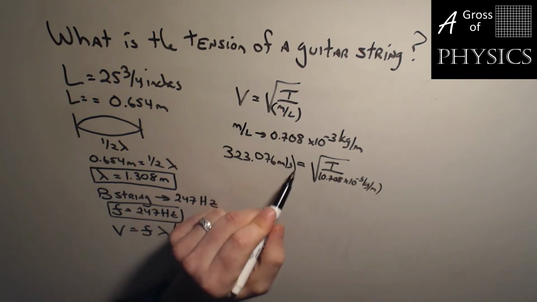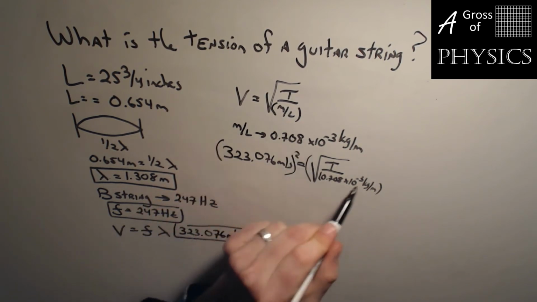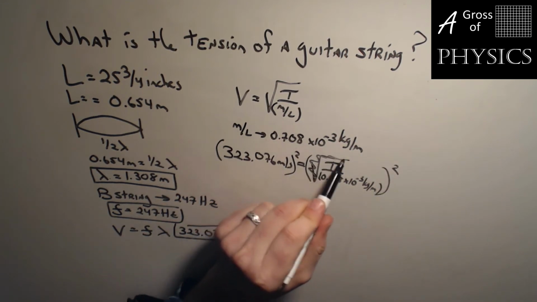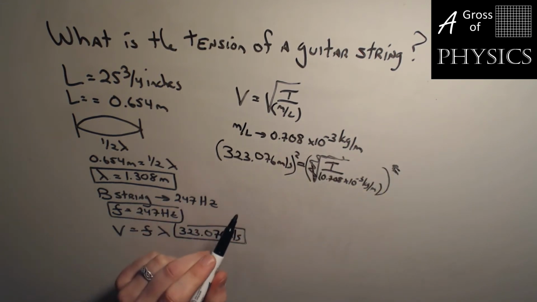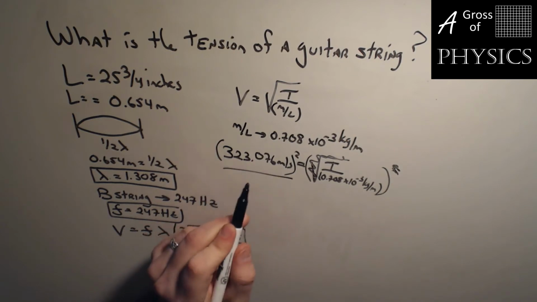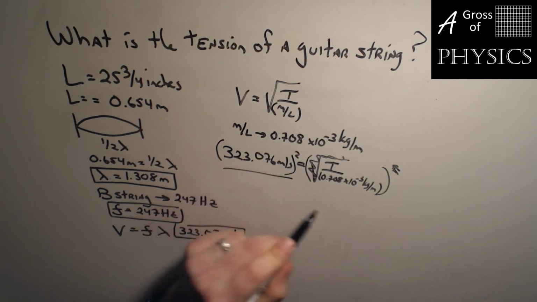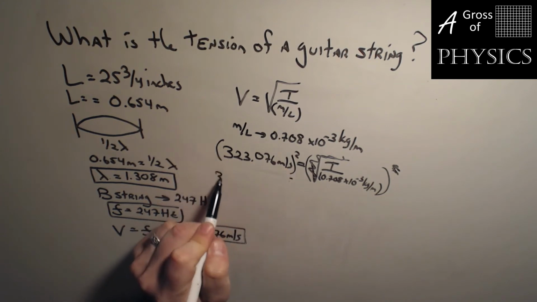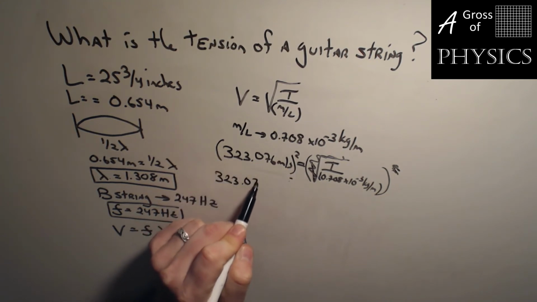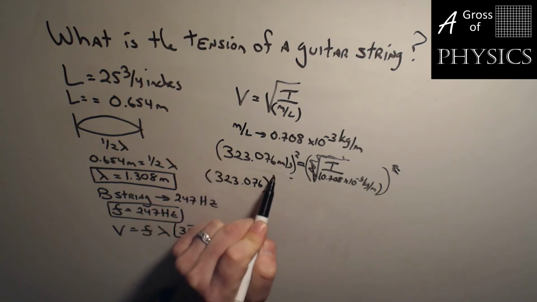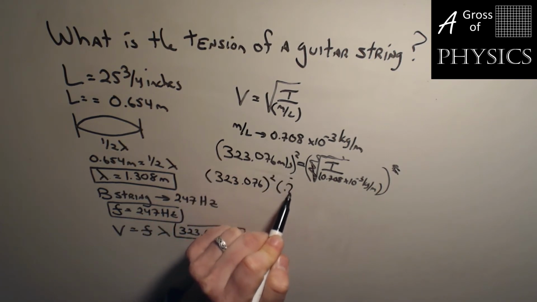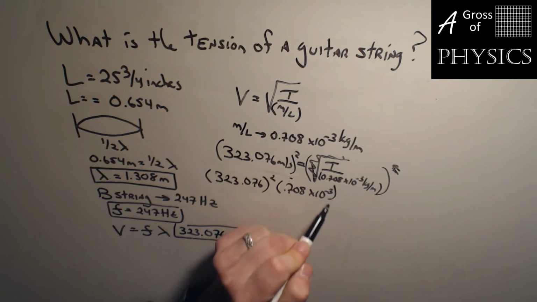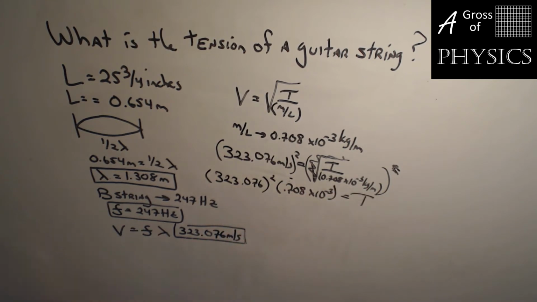The first step is going to be to square both sides. That will get rid of the square root. Then we'll cross multiply and we'll get 323.076 squared times 0.708 times 10 to the negative 3, and that's going to equal the tension.